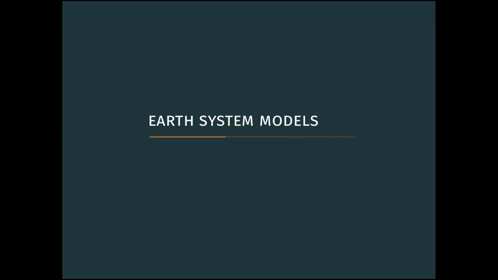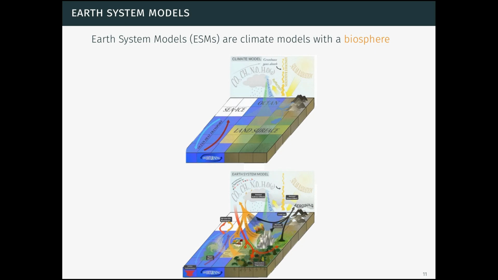So Earth systems models are really the best tools that we have available today to understand how land use impacts these biogeophysical cycles. An Earth systems model is kind of the next generation of climate model. Your typical climate model basically looks at the flow of water and air in the ocean and atmosphere and looks at fluid dynamic equations and conservation of energy, mass, and momentum to answer these questions. An Earth systems model basically adds in the biosphere.